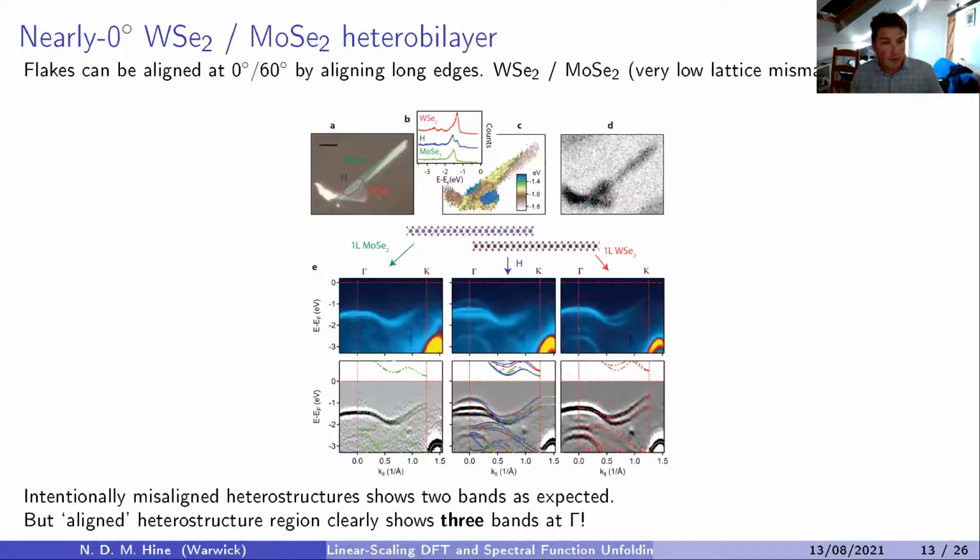And another quite interesting result we showed back in that paper was where we had intentionally aligned, low mismatch structures. We could get this coexistence of commensurate and incommensurate domains, and we could see this through the fact that those different domains had different interlayer distances and therefore different hybridizations.